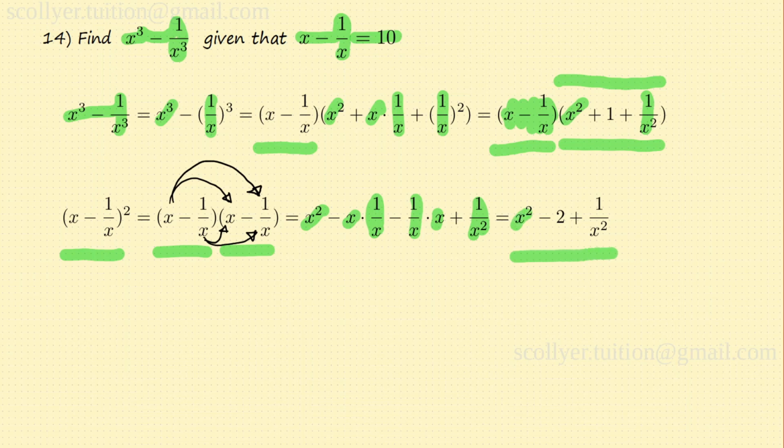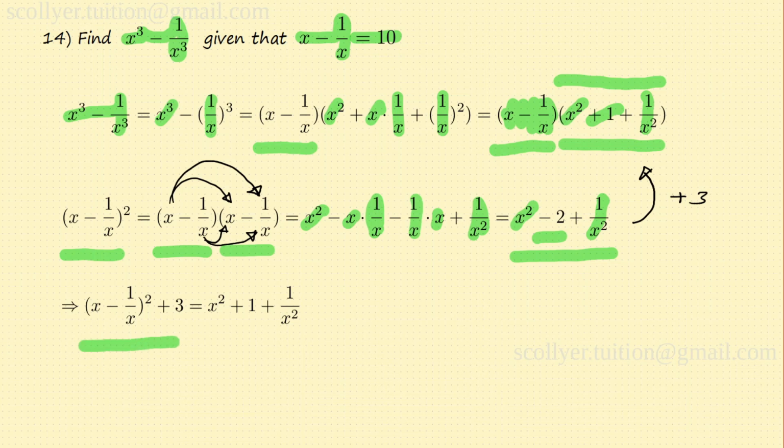And so we have our x squared and our 1 over x squared, but we've got minus 2 instead of plus 1, which we have to rectify. But it's easy to see that we can turn this expression into this expression by adding 3. So if we do so, on the left-hand side, we get (x minus 1 over x) all squared plus 3 equals x squared plus 1 over x squared.